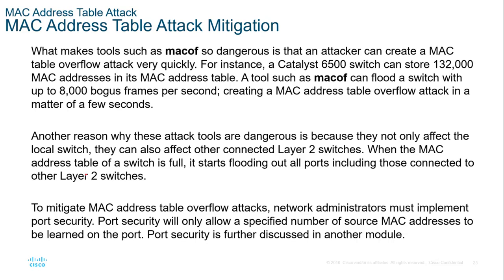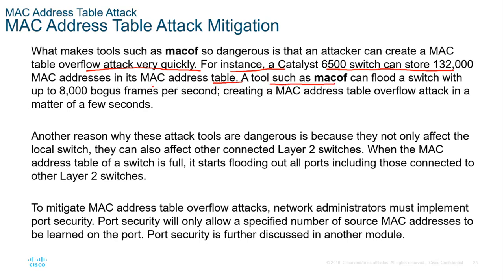So, on mitigation: what makes tools such as macof so dangerous is that the attacker can create a MAC address table overflow very quickly. For instance, a Catalyst 6500 switch can store around 132,000 MAC addresses in its MAC address table.